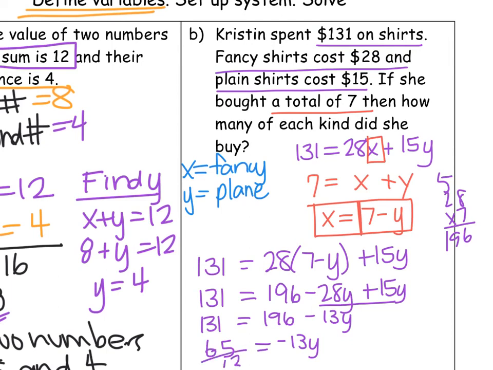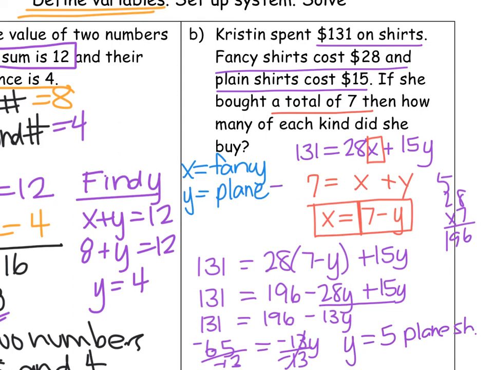Divide each side by 13, negative 13, so negative 65, sorry, by negative 13. They're going to cancel, and we get y equals 5. And so 5 is the 5 plain shirts.